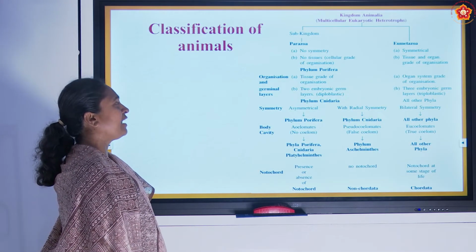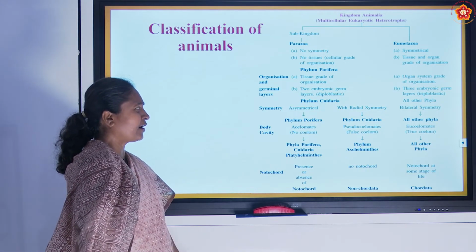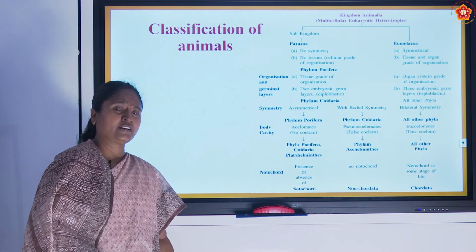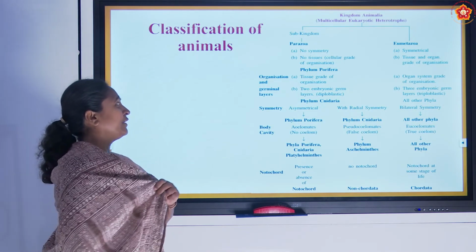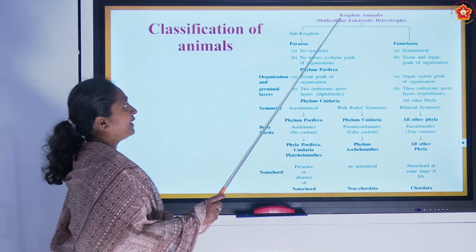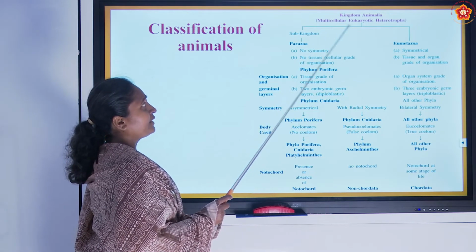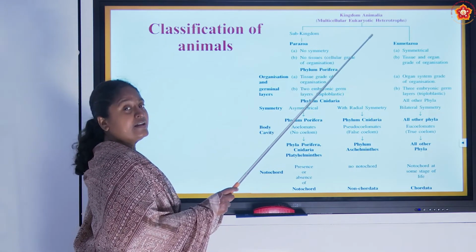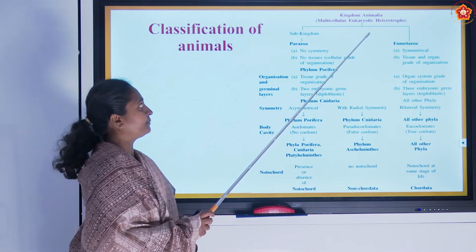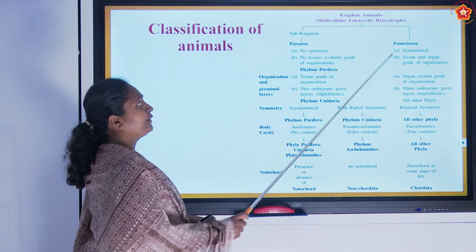Now, we will see overall how the animals are classified. It is a very big and complicated process. How they are classified, just carefully study this. First, when we consider the kingdom Animalia, it has multicellular organisms. They are all eukaryotic organisms. They are all heterotrophic organisms. In that, we have parazoa and eumetazoa.